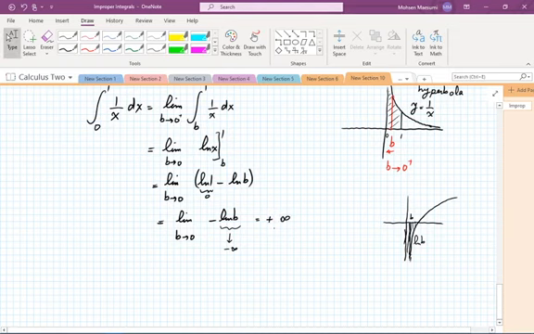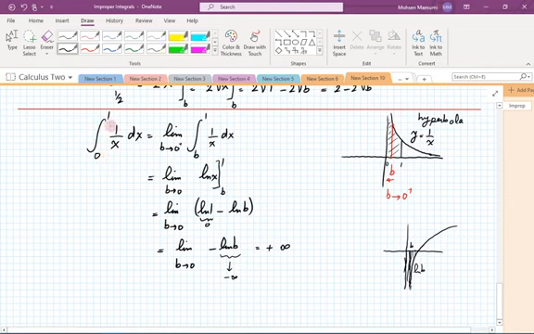So what happened is that integral from 0 to 1 of 1 over x, the area between the y-axis and the hyperbola and any line here, is going to be infinite.